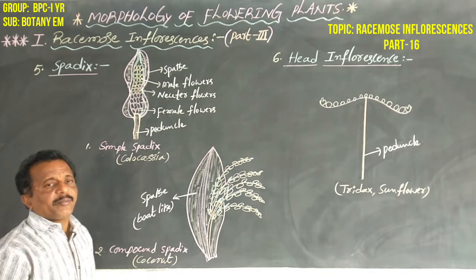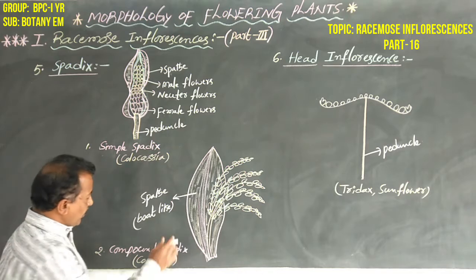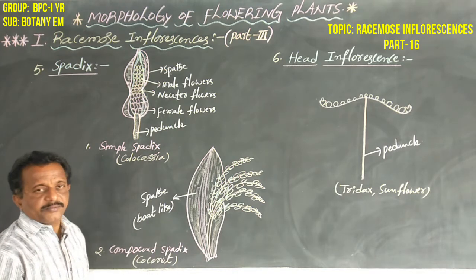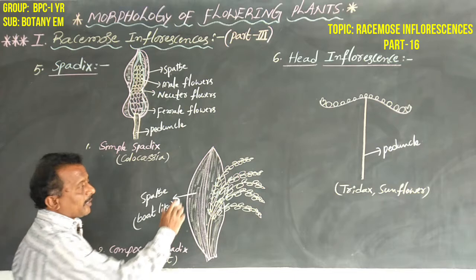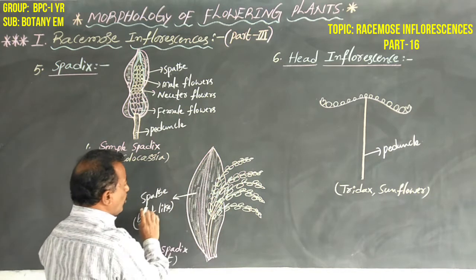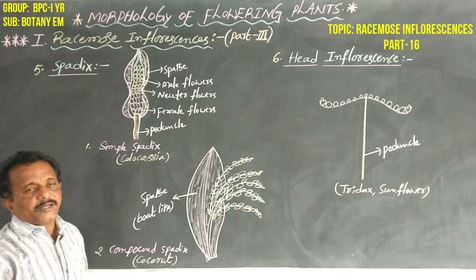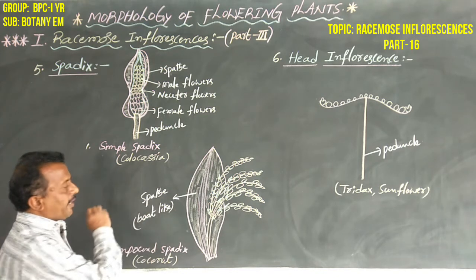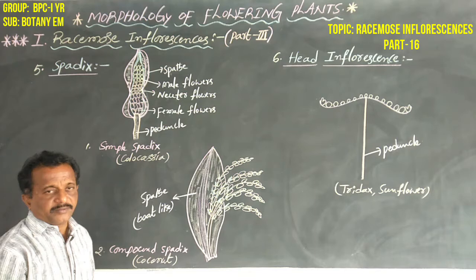But here in coconut, the flowers are covered by one large, thin, boat-like modified bract. That is called the spathe.